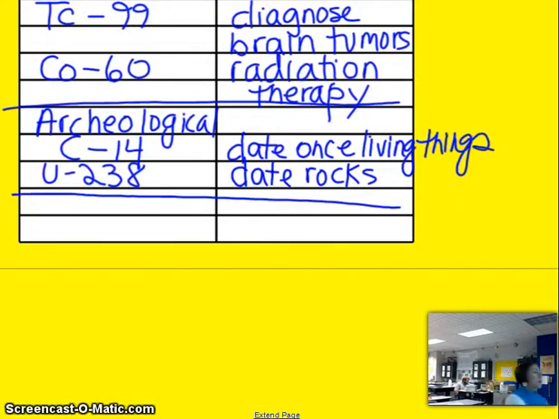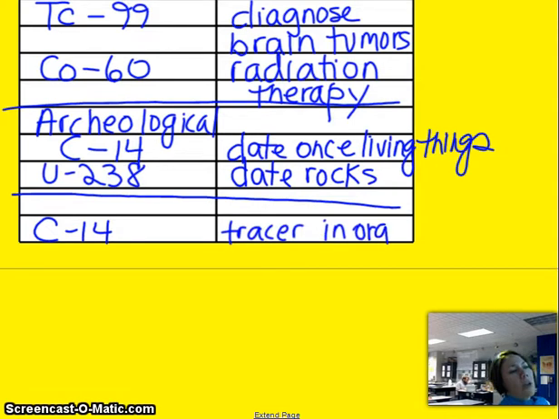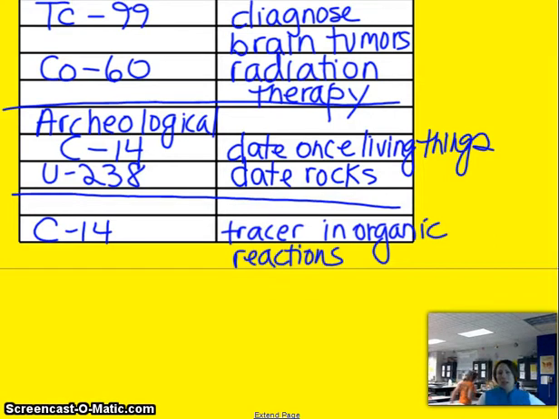A couple other isotopes. Carbon-14 has another role. It's used as a tracer in organic reactions. So organic means carbon containing.